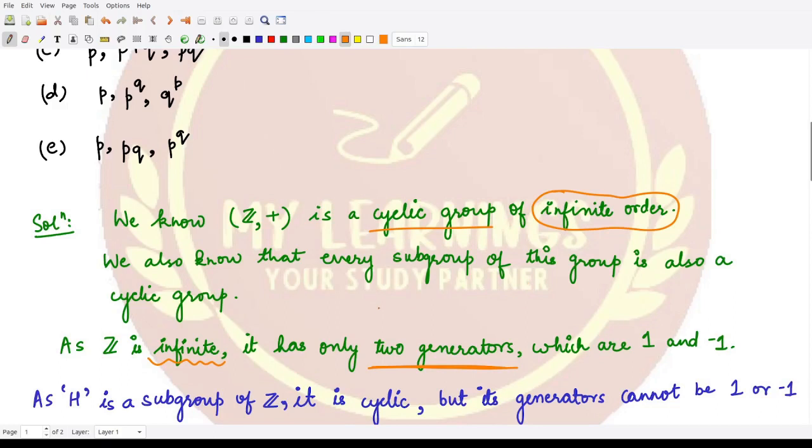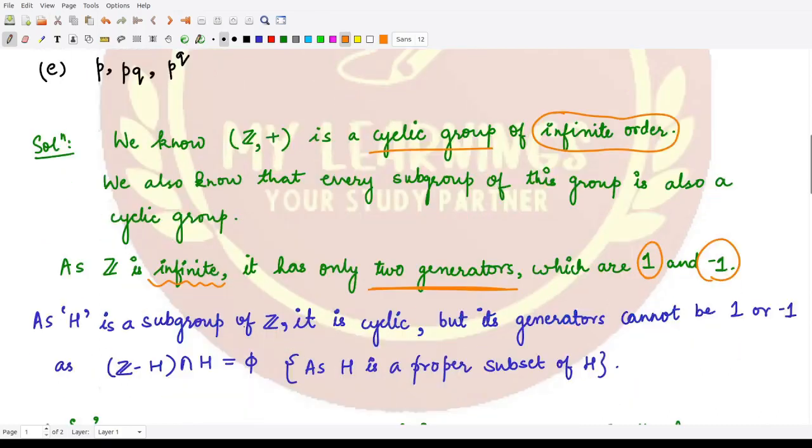Okay, so when Z is infinite, it has only 2 generators, which are +1 and -1. We all know that. Moreover, we are saying H is a subgroup of Z, so it is also cyclic. However, its generators cannot be 1 or -1. Either of them cannot be the generator of H. Why? Because if we take any one of them to be the generator of this subgroup H, in that case it would generate the whole set of integers.